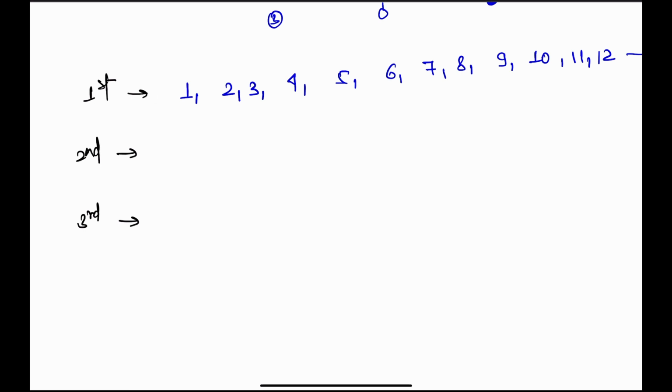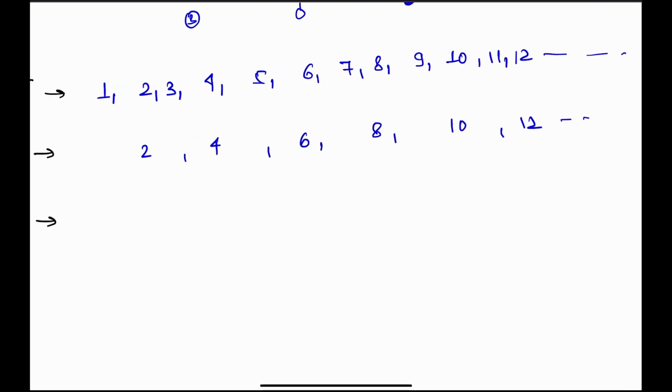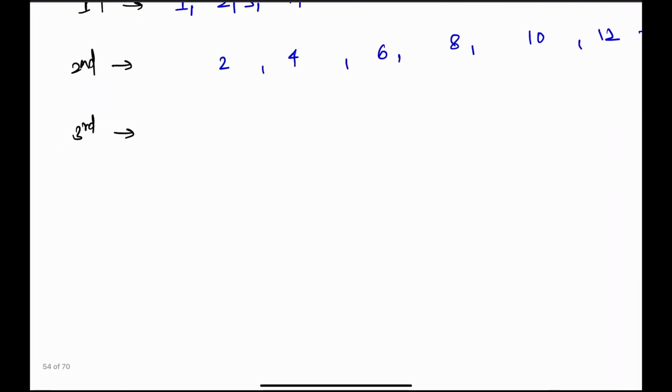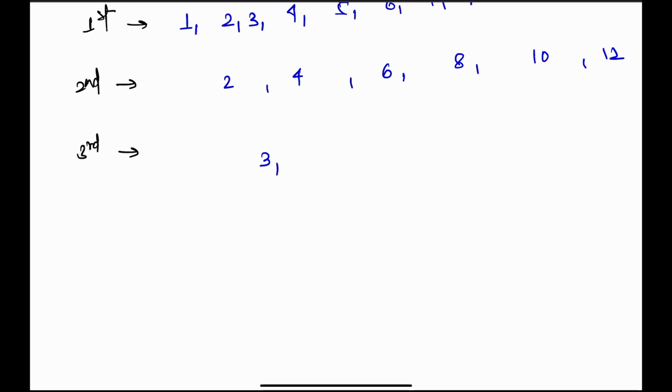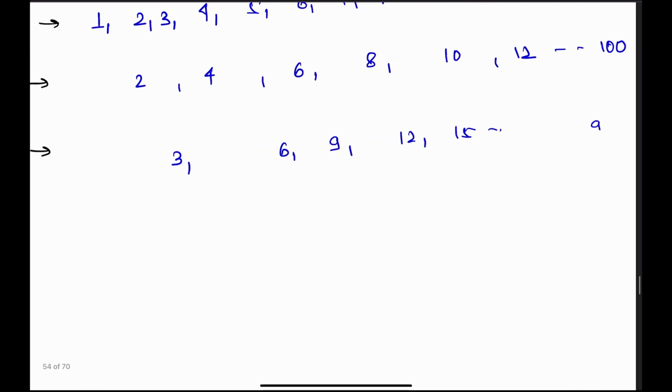Let's take these three people and start with smaller numbers, so that we can easily understand the pattern. The second person will do 2, 4, 6, 8, 10, 12, until 100. The third will do 3, 6, 9, 12, 15, till 99.